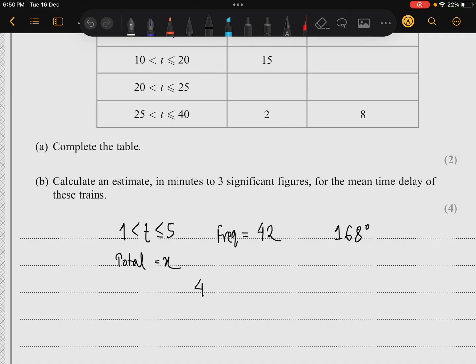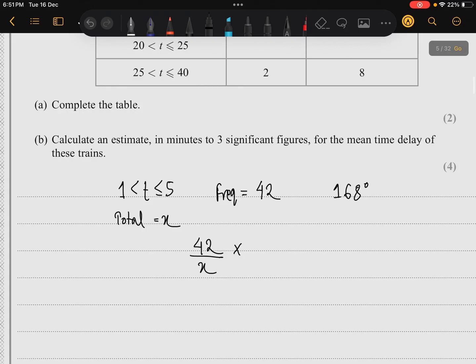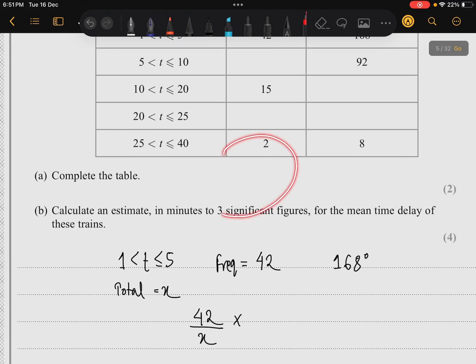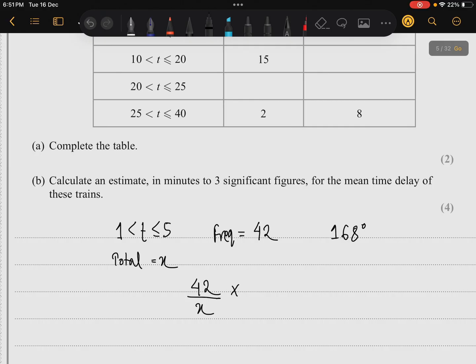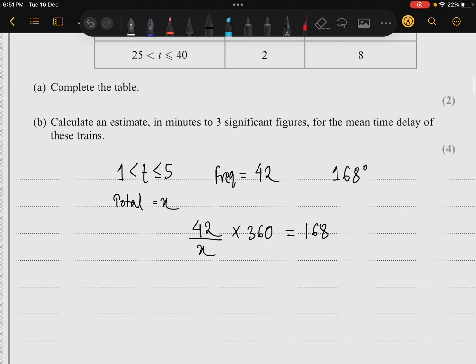So 42 divided by x, since we are finding the ratio or the proportion, multiplied with 360. Why 360? Because a pie chart is basically a circle, and one circle has one revolution, and one revolution is equal to 360 degrees. So multiplied with 360 gives us 168. As simple as that. So we're going to get x equals 42 into 360 divided by 168, which gives us 90.